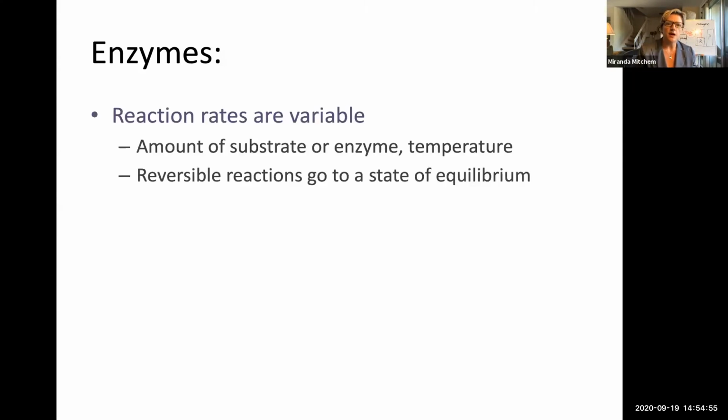Okay, so now let's start talking about some of the variables that do affect the rate of reaction. And temperature certainly is one of them. The way that temperature works though, it's kind of a double-edged sword with enzymes. What temperature does is it increases molecular motion. Things move faster.